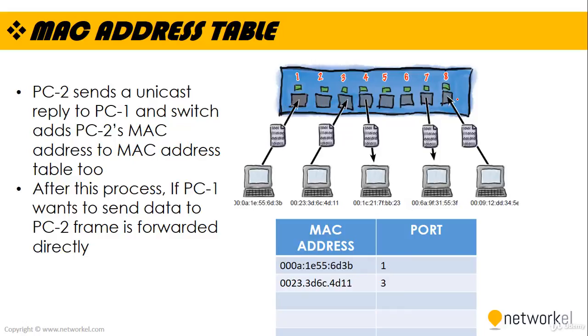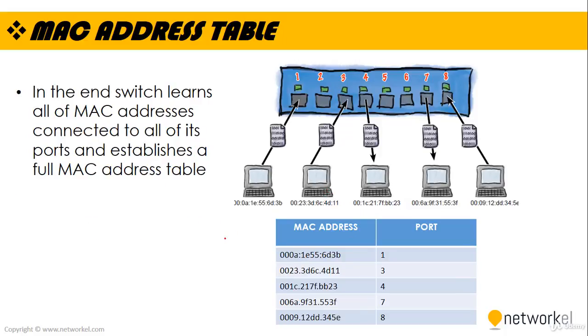Then let's say that PC2 sends a unicast reply to PC1 and the switch adds PC2's MAC address to the MAC address table too. Then, after this process, if PC1 wants to send data to PC2, the frame is forwarded directly.